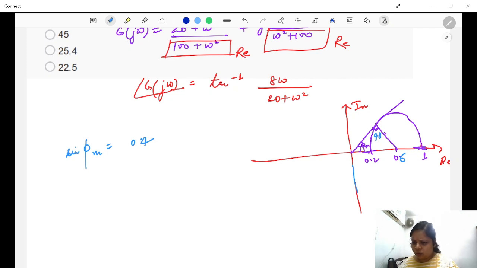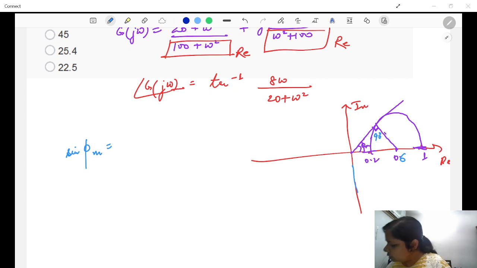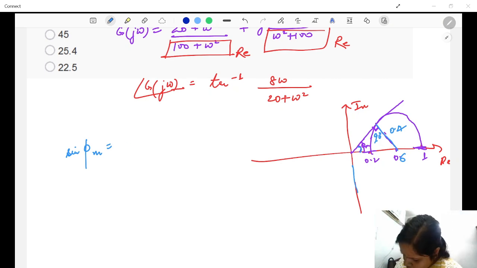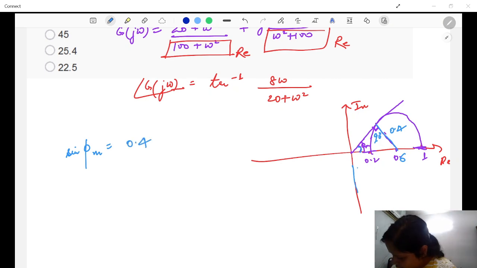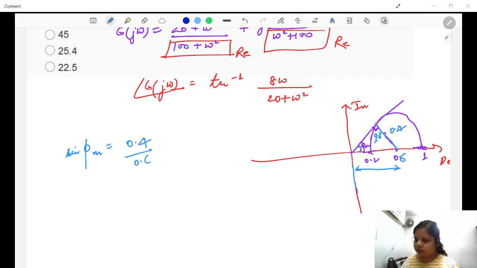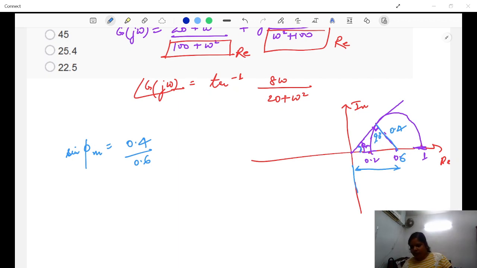Sine phi m equal to 0.6 upon 0.2? No, it should not be that. So sine phi m, this is your sine phi m, means the perpendicular line, which is the radius. What is your radius? It is 0.4, right? 0.4 upon the hypotenuse, which is 0.6, right? Sine phi m would give you any value between 0 and 1, no? 0.6 upon 0.2 would give you 3.